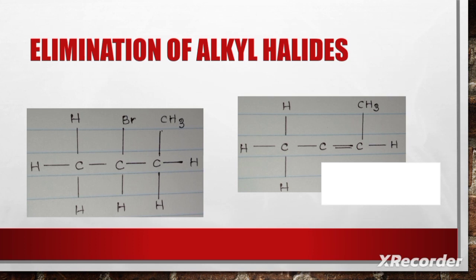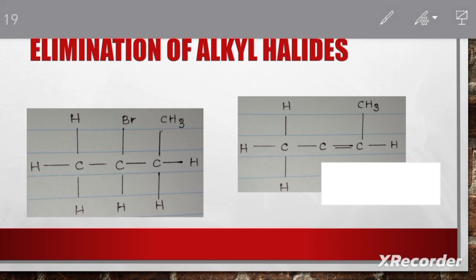Our second method is elimination of alkyl halides. Elimination means removal of halogen atom, right? So here we have to remove this halogen atom as a hydrogen halide. So halogen atom can be removed easily. But with which hydrogen we have to remove this halogen atom?